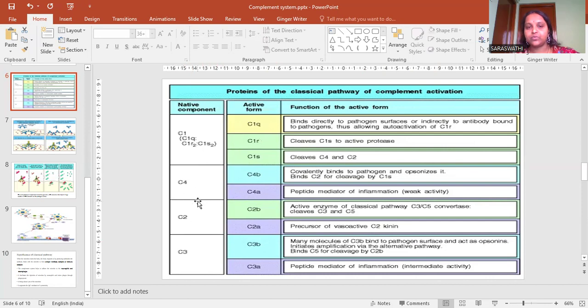The parts C4B and C2A combine to form a C3 convertase. Again C3 is cleaved, leading to the activation of the C5 convertase. The C5 convertase activates the further molecules C6, 7, 8, 9, leading to the membrane attack complex. This is the classical pathway of the complement system.